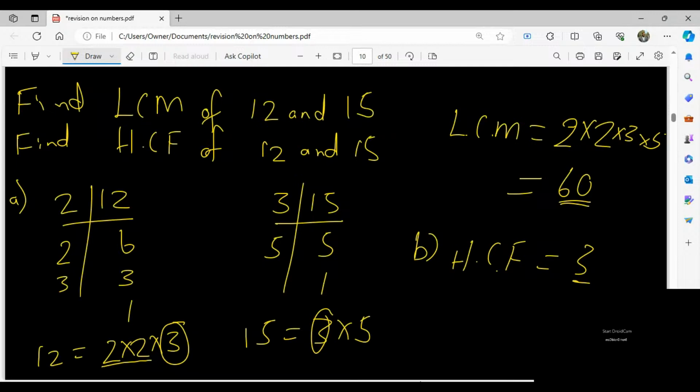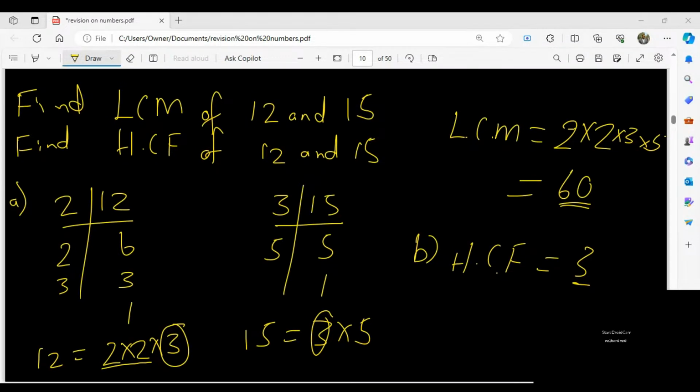Now, we want to look at a few more examples where we have problems like this. Okay. So I want to look at a few more examples, and then move on to conclude our revision on these numbers.